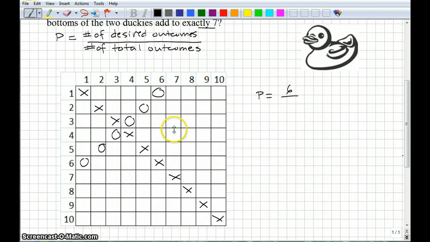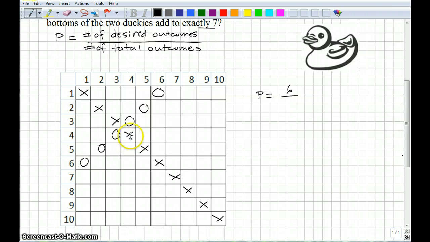In the denominator, we've got this 10 by 10 grid, but some of these are not possible because he's not replacing the ducks. If you chose a 4 on your first duck, you can't choose 4 again because the 4 has been taken out of the pool.